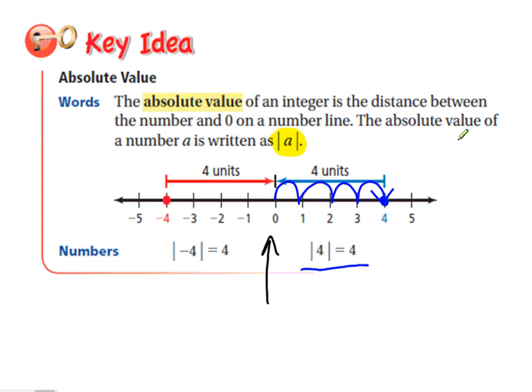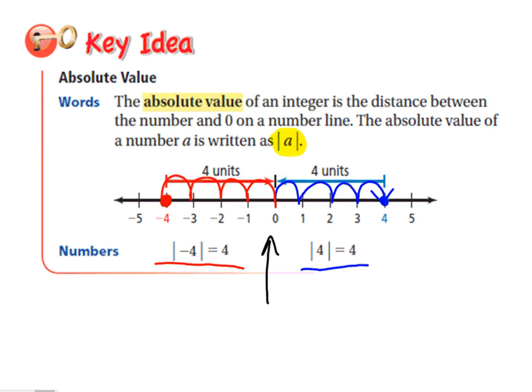Now let's look at the absolute value of -4 as seen here. When you count the units from 0, it goes 1, 2, 3, 4. It's also 4 units away from 0. So the absolute value of -4 equals 4.